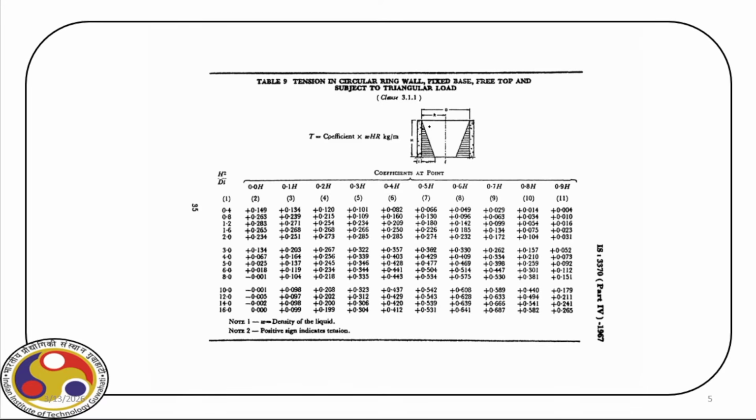So let us see. So here is the code with the design tables, and here are the tables. So this is table 9, that is the tension in circular ring walls, and depending upon this factor, you can see here we get the coefficients, and if we multiply those coefficients with omega HR, we get the tension, notice the unit, kg per meter.